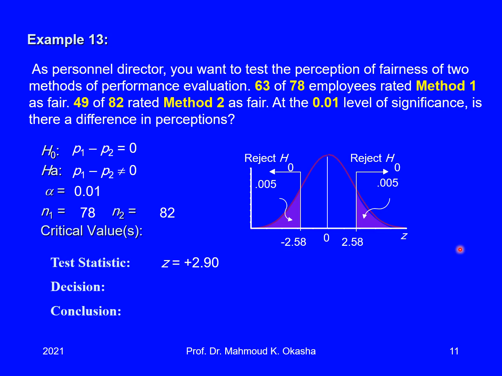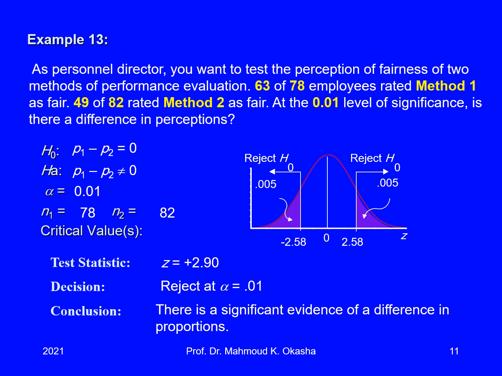We also compute the test statistic Z, which in this case is plus 2.90, and it falls in the rejection region, since it's greater than 2.58. So the result is to reject H naught at the significance level alpha equals 0.01.